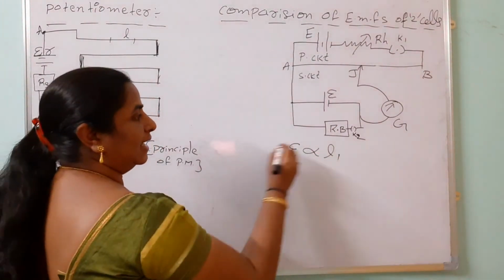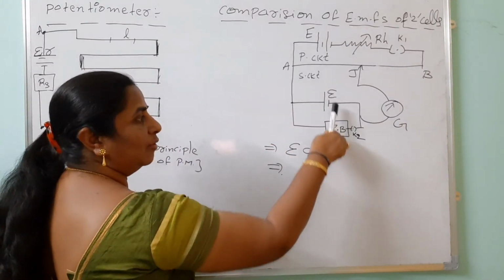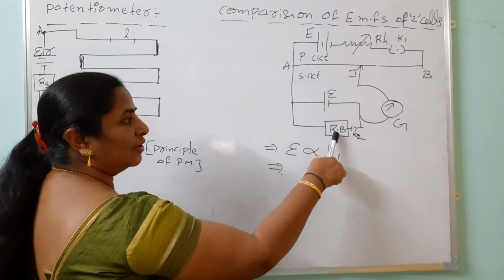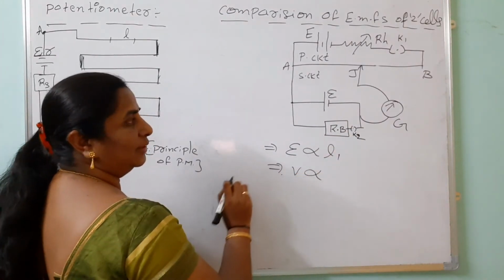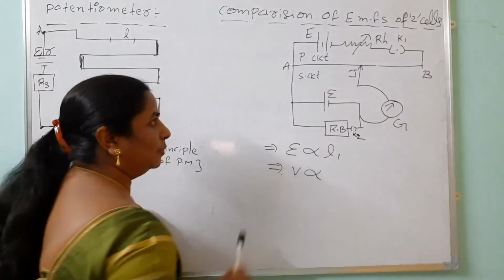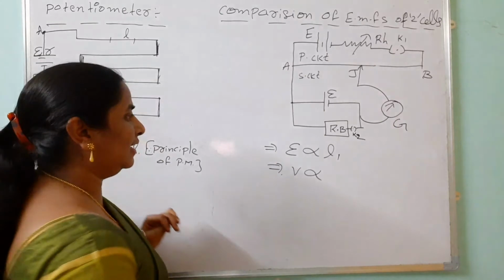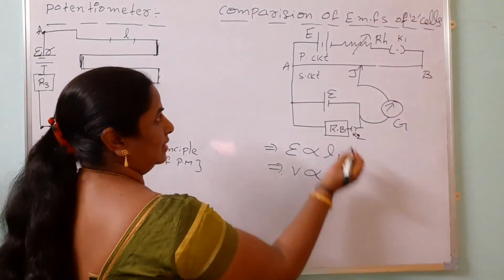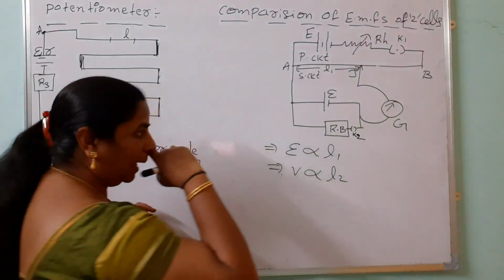Now in the second case, we close this key K2 also, and the resistance box is involved. The potential across this resistance box, V, is directly proportional to L2, the position where the jockey shows null deflection as we move it from A to B. First case is L1, second case is L2.